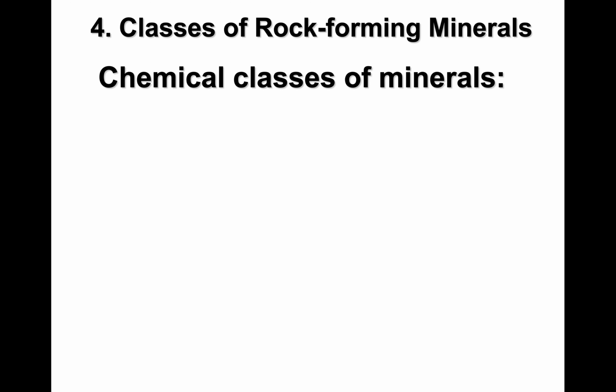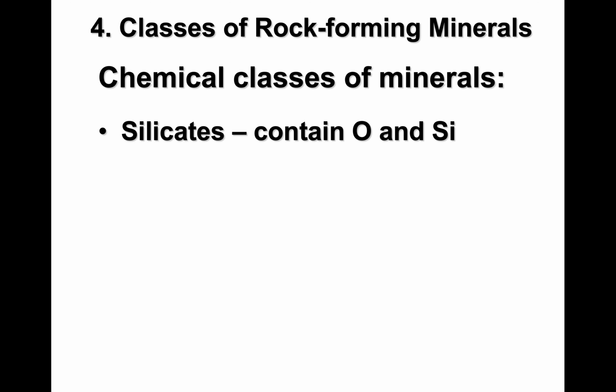So number 4, we are now talking about classes of rock forming minerals. Here we have different chemical classes of minerals. We have the silicates, and these are the most dominant group of minerals, yeah? They are silicates because they contain oxygen and silica, therefore we are calling them silicates.